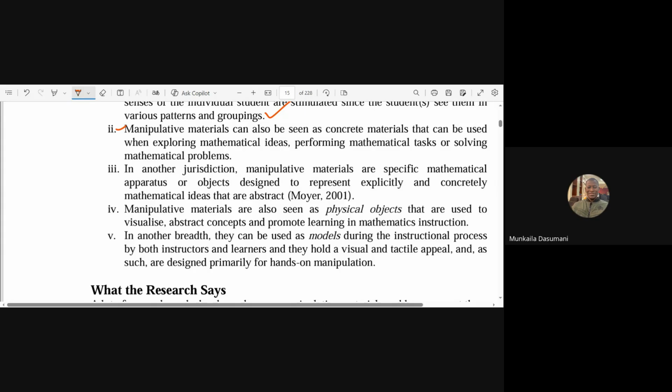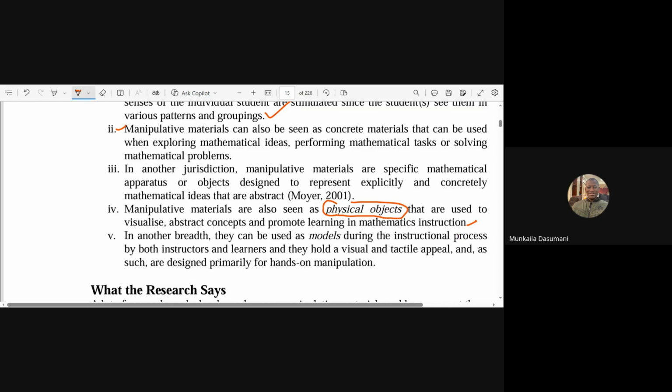And then manipulatives are also seen as physical objects, because you are going to feel and touch them, that are used to visualize abstract concepts and promote learning in mathematics instruction. So there are some physical objects that are going to aid you to teach in your classroom.